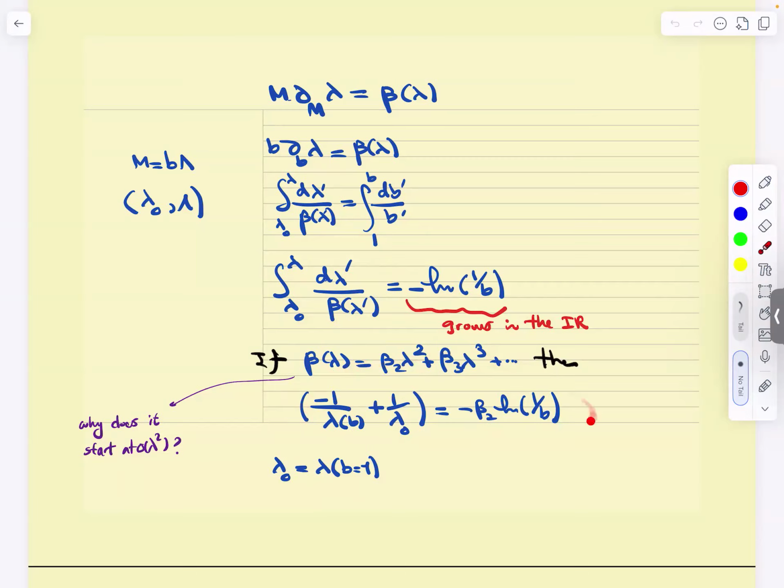Now it's pretty clear that if β₂ is positive, as we found for the O(N) model, the coupling will decay in the infrared. The theory is free in the infrared. If β₂ is negative, now the coupling can grow. You might end up with a fixed point in the IR. Good.